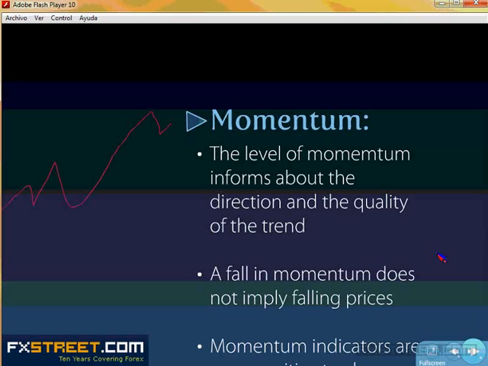The level of momentum informs about the direction and the quality of the trend. So in some cases, we can use momentum and momentum indicators as a means to have the trend direction defined. It's not only that we use momentum or oscillators in ranging markets.